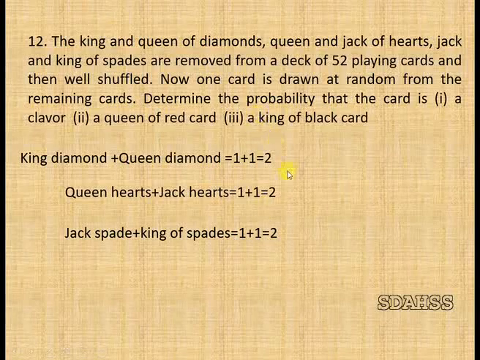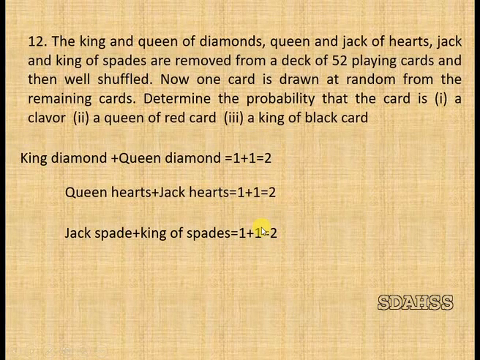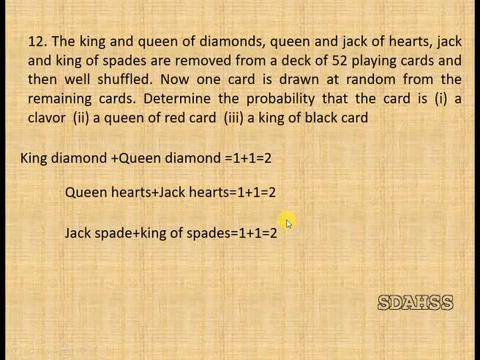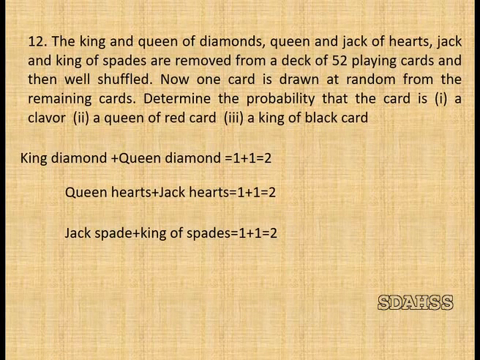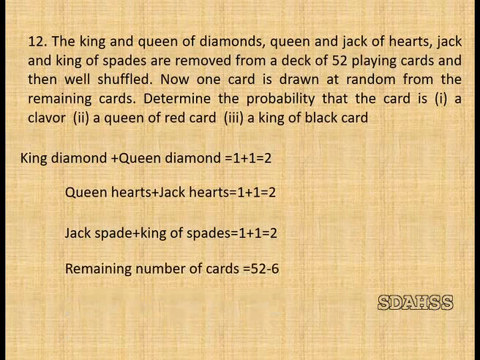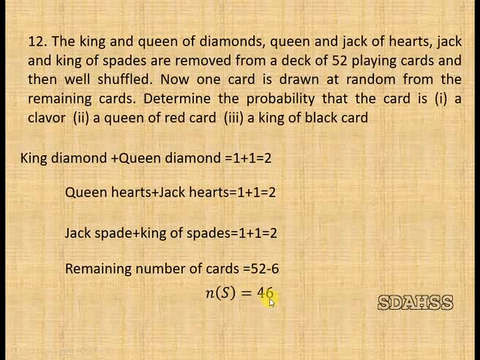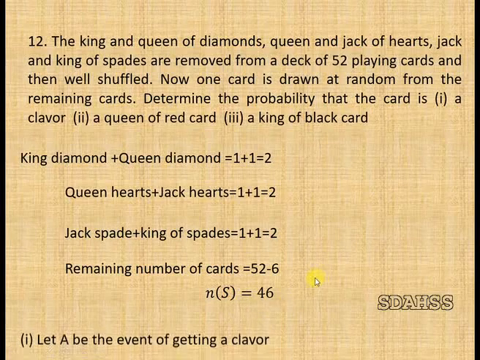So totally 6 cards, 2 plus 2 plus 2. These 6 cards should be removed from the total cards. Out of 52 cards we want to remove 6 cards, so remaining you have 52 minus 6, 46 cards. That should be taken as n of S.